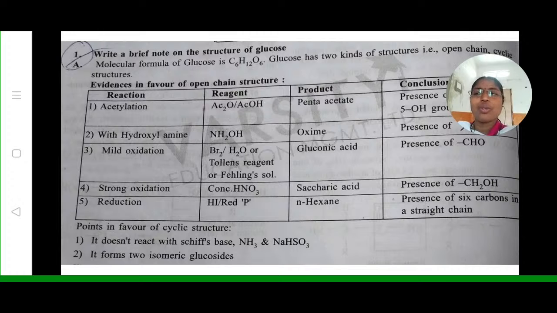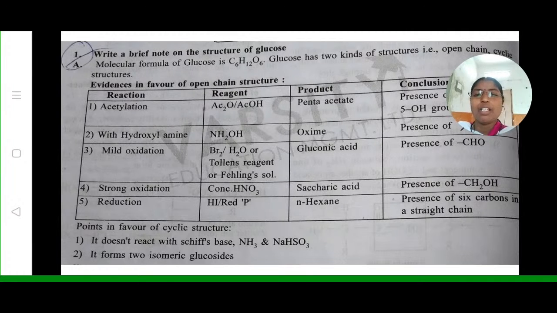Here we know the molecular formula of glucose is C6H12O6. In the molecular formula there are a total of 6 carbon atoms, and particularly these 6 carbon atoms lie in a straight chain. So it is the conclusion of the reduction with hydrogen iodide and red phosphorus. These are the conclusions of the glucose structure in open chains.